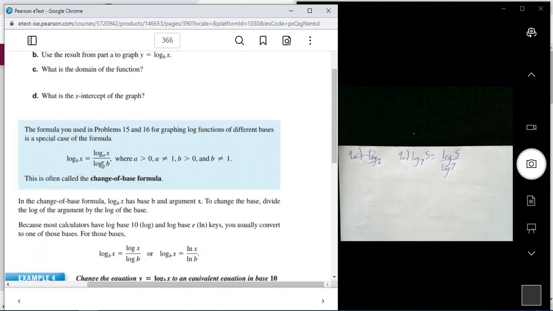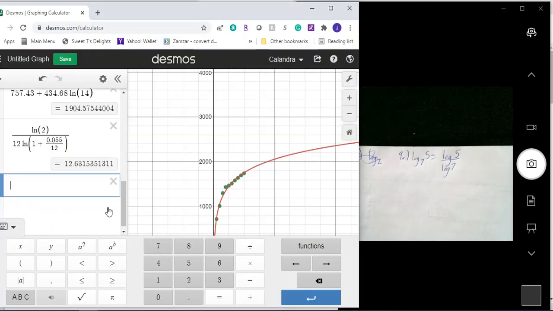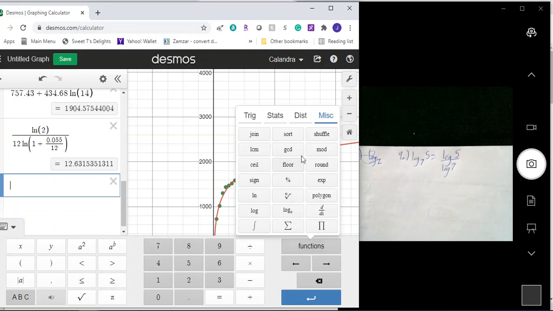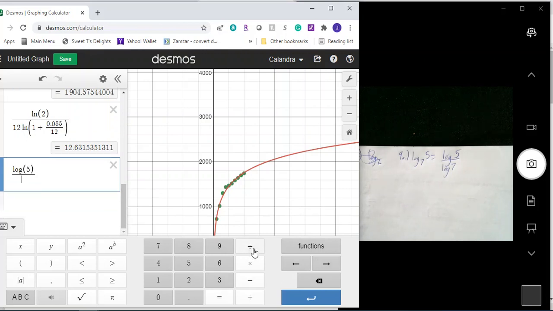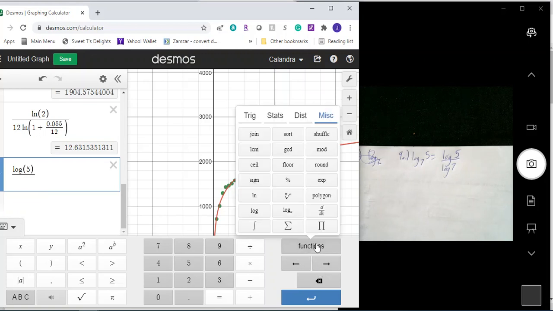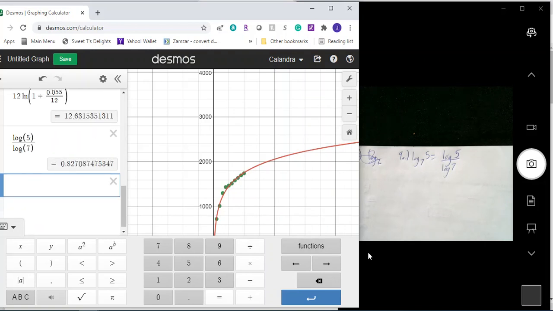Now, using our Desmos calculator, just to check it, if we do log 5, let me close this parenthesis, divided by log 7, we're saying that this change of base is equal to the original problem.